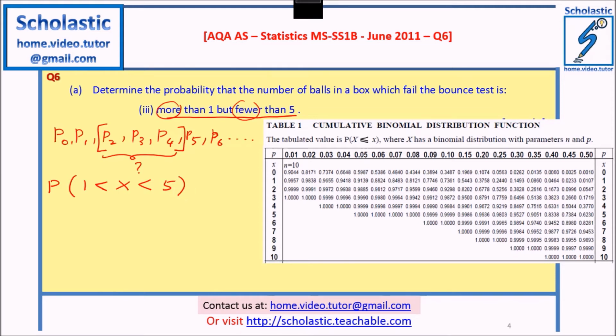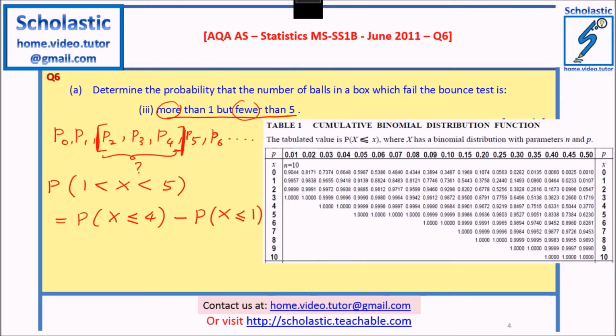So when we read the cumulative probability distribution, what we need to read is probability x less than or equal to 4, because we need to get the area from here, minus the probability of the area up to P1, not P2, P1. So basically probability of x less than or equal to 1.